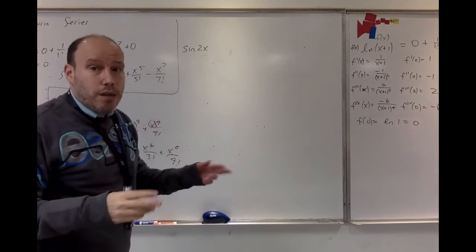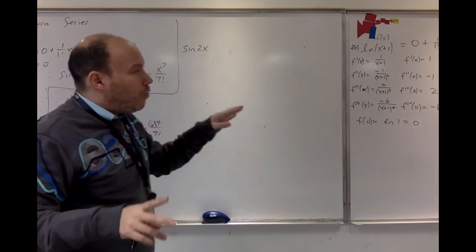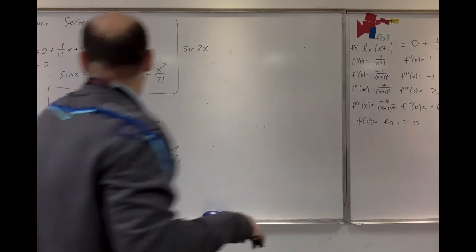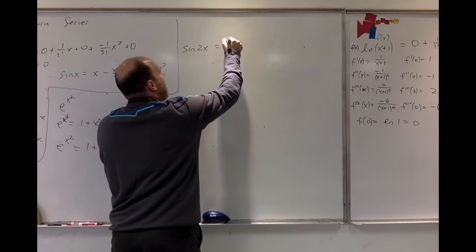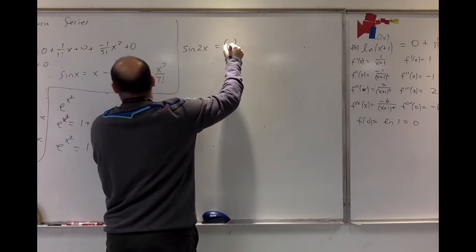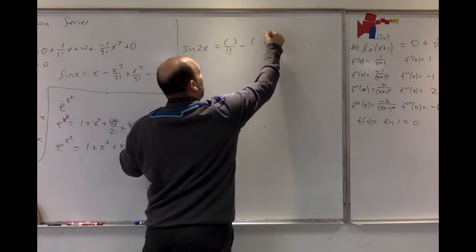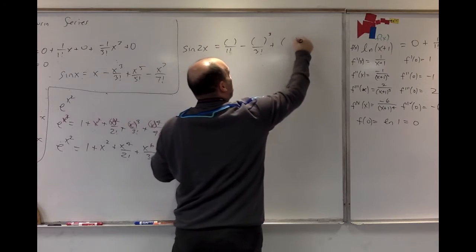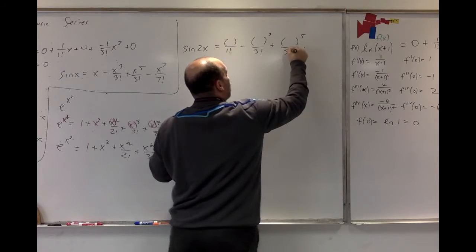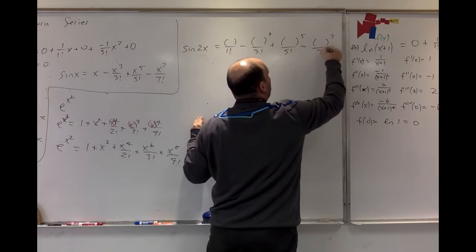Well, I know that sine, it's very basic, you're given it on the formula booklet. Oh, it's right here. It's like all the odd powers. So we know that sine is like something over 1 factorial minus something cubed over 3 factorial plus something to the 5th power over 5 factorial minus something to the 7th over 7 factorial.